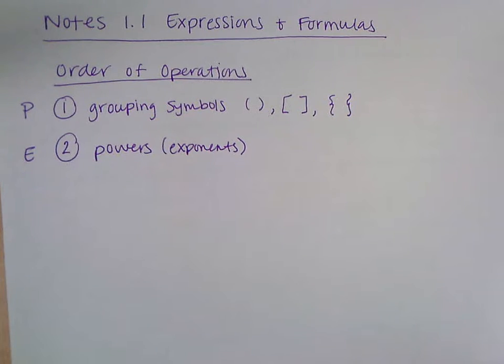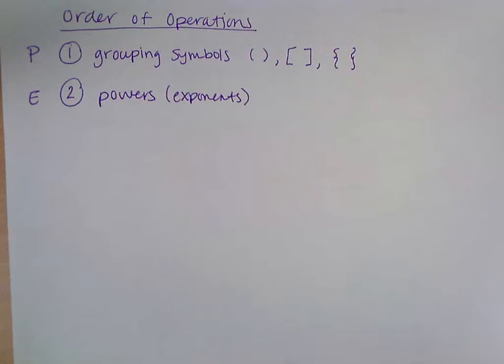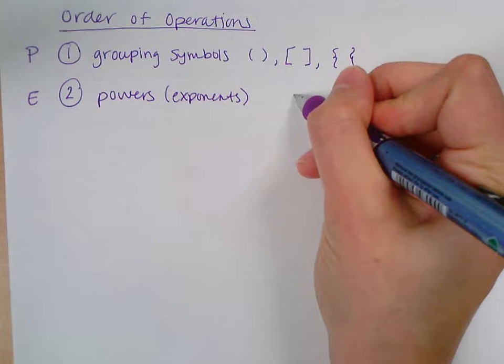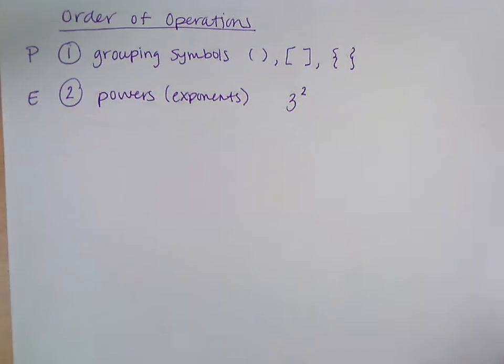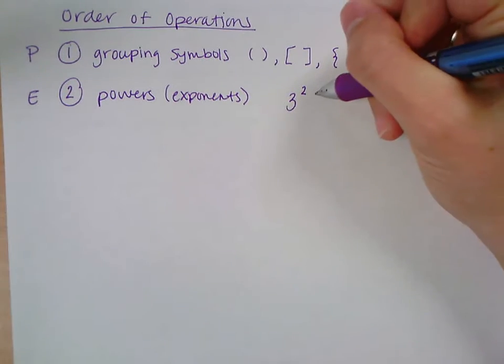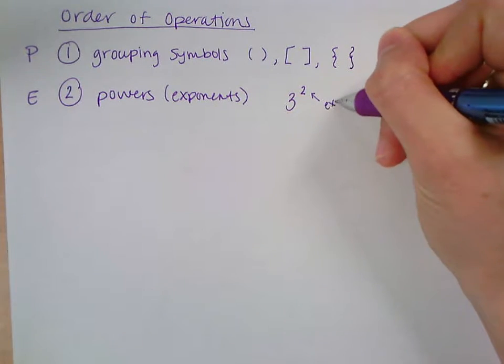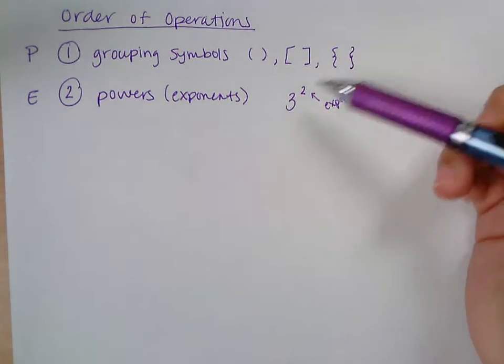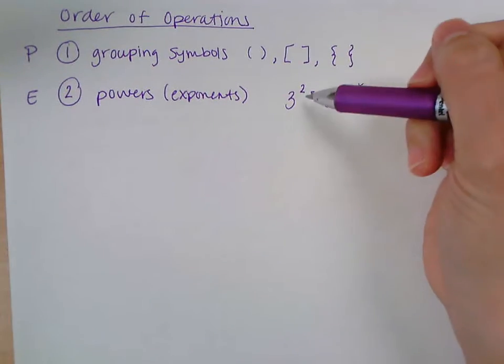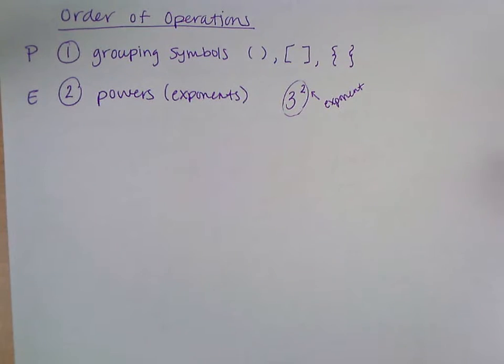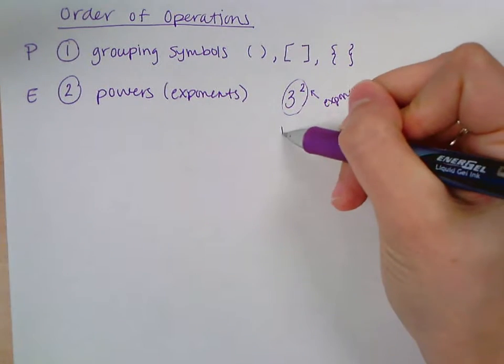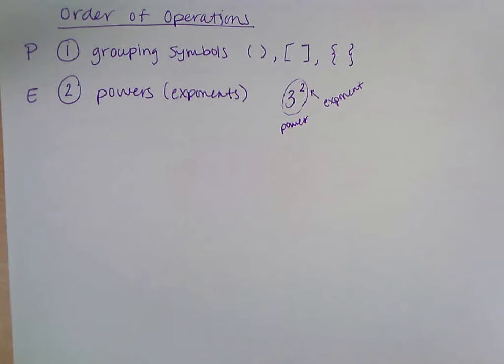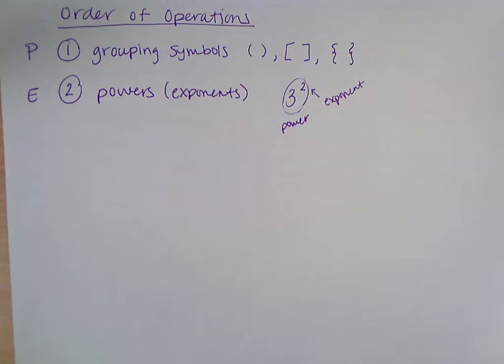When you have an expression that has an exponent, like I'll put up here, 3 squared, the exponent is specifically the 2. But if we talk about a power, the expression as a whole is a power. So the entire expression is a power, whereas an exponent specifically refers to the 2. Just so you understand the difference between those terms.